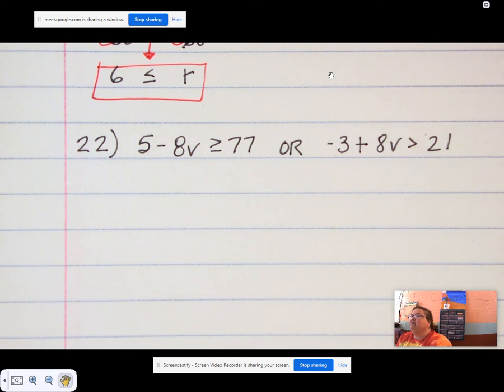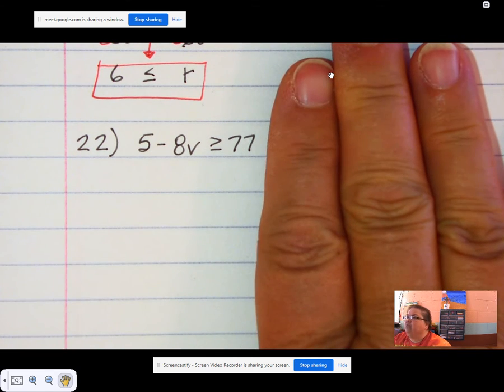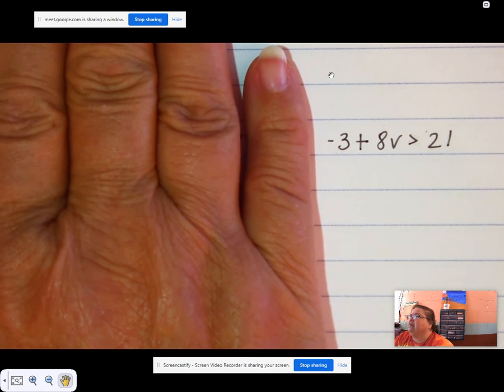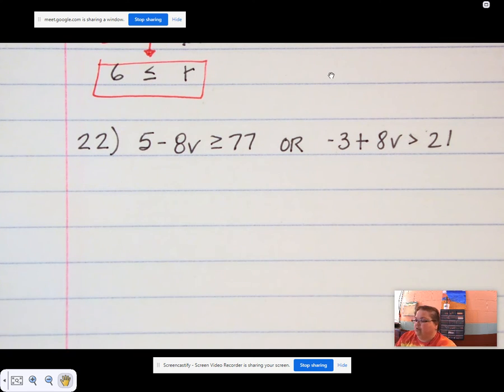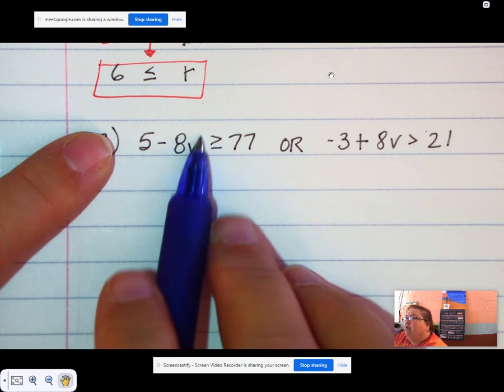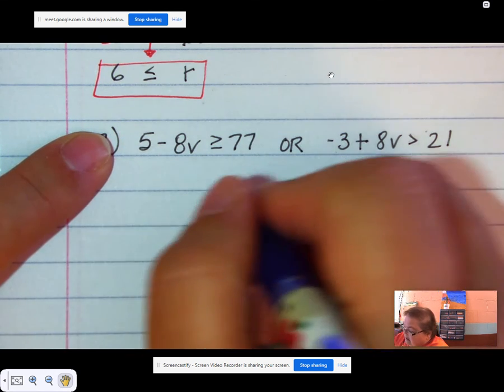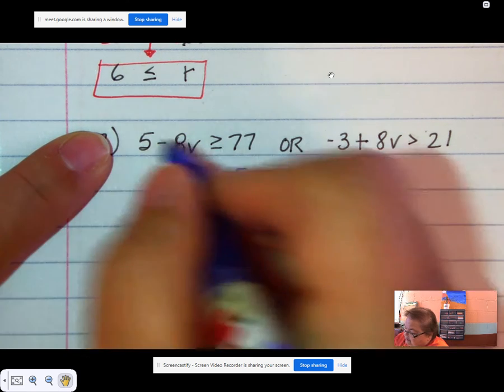Okay, because it's an or, I solved this one, and then I'm going to solve this one separately because they're ors. Here we go. Multiplication, addition or subtraction. Get rid of the addition or subtraction first.